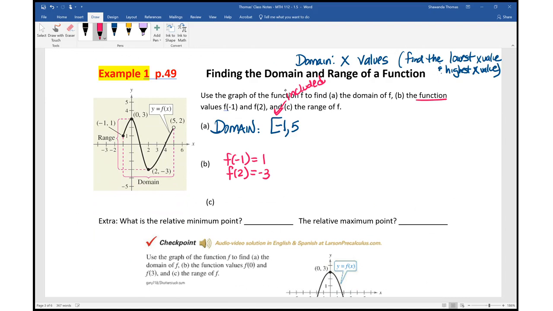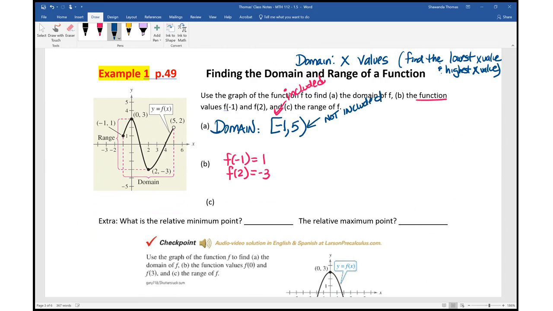That point does exist. However, does the point (5, 2) really exist on this graph? No, it's an open circle, as you can see, meaning that the point right at (5, 2) does not exist on this graph. All the way up to that point exists, like 4.9999999, but not 5 itself. So if it's not included, we indicate that with a parenthesis. 5 is not included.